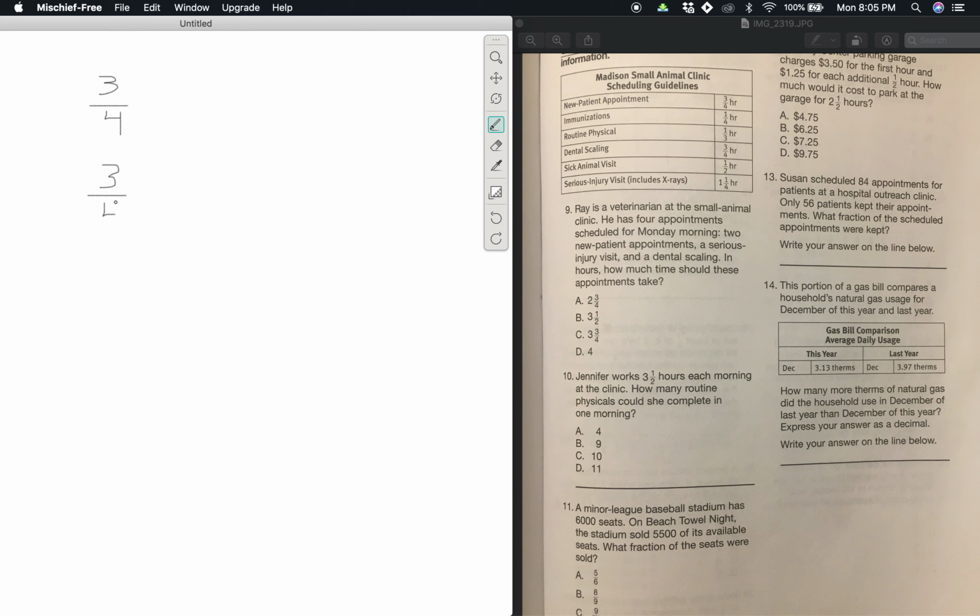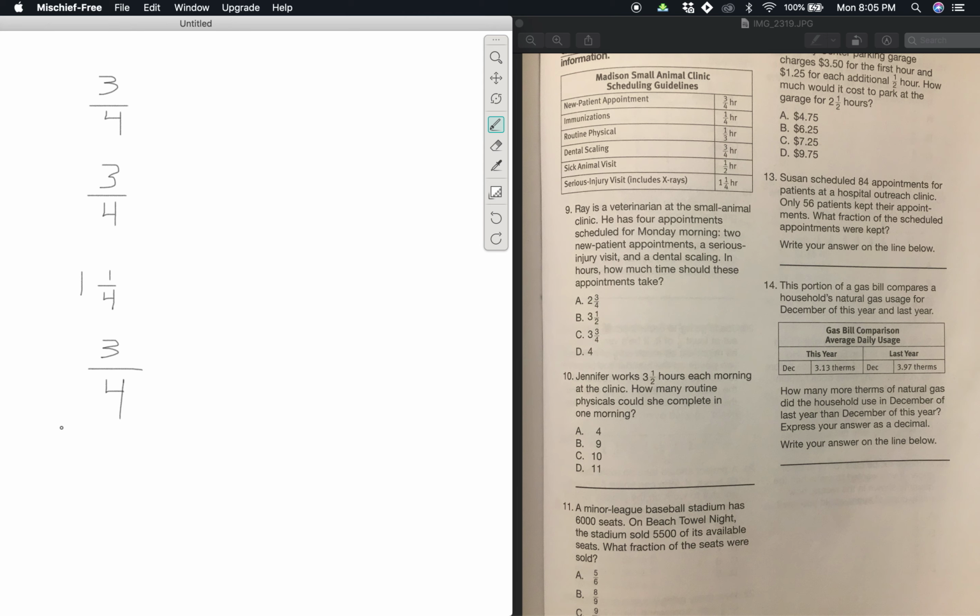Then the other appointment was a serious injury visit, which is an hour and 1/4. And dental scaling is 3/4 of an hour, so another 3/4.